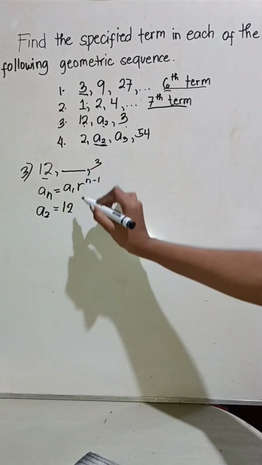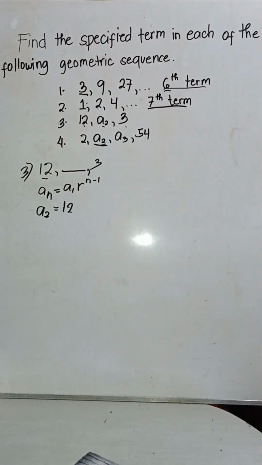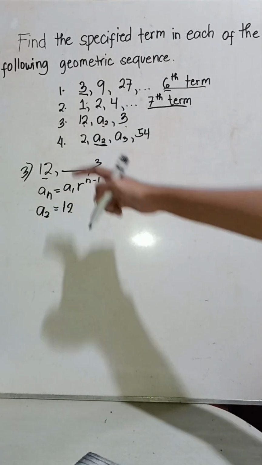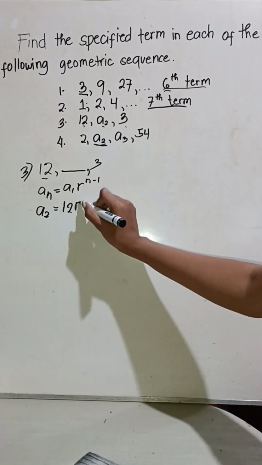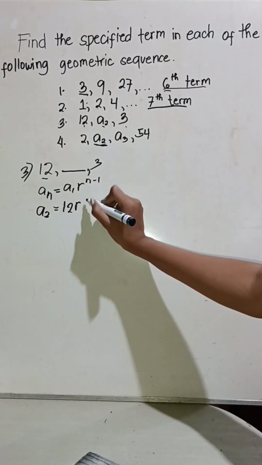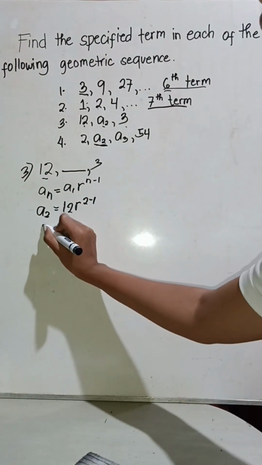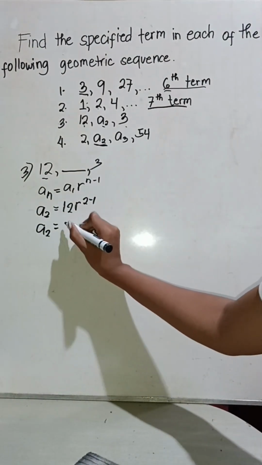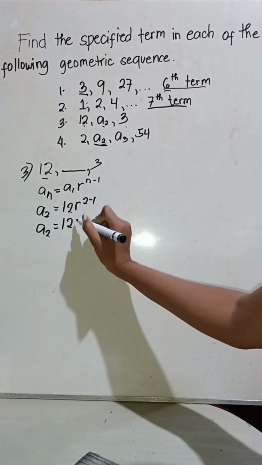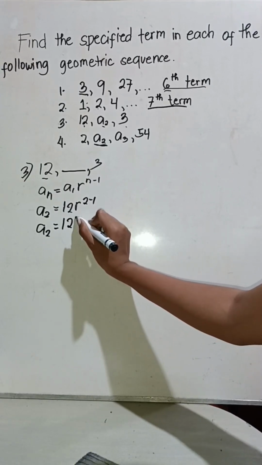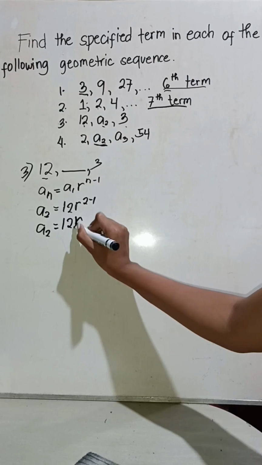The r, right, is a sub 2 over a sub 1. But we do not have a sub 2. So r just stays, r exponent of 2 minus 1. So we have a sub 2 is equal to 12 times r.